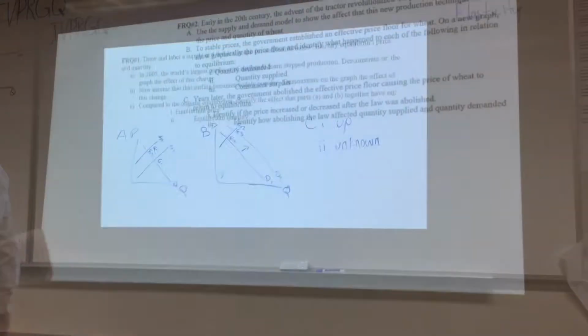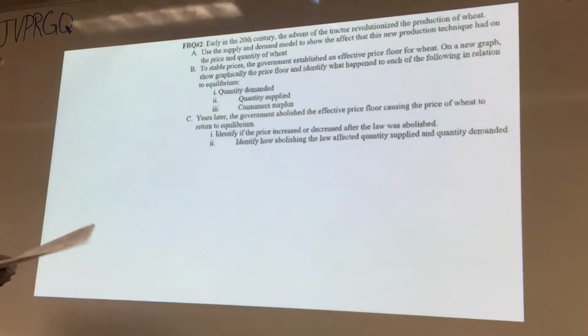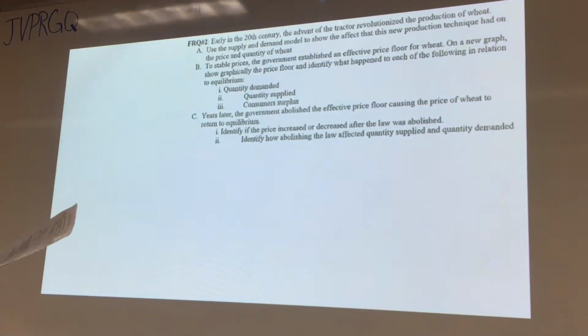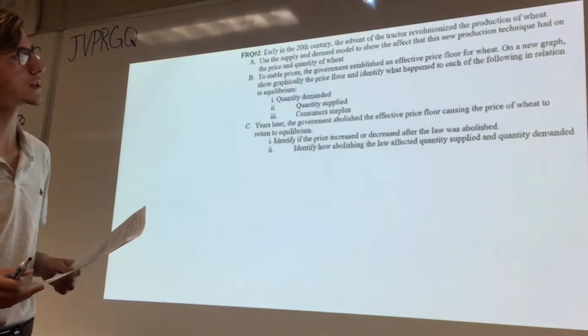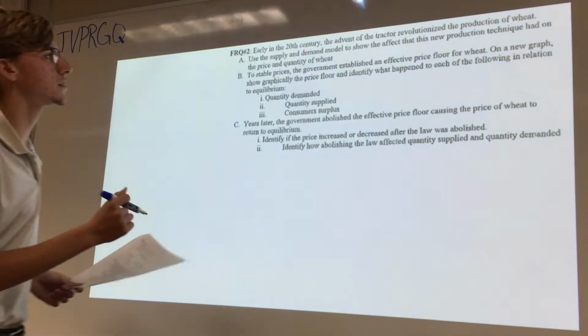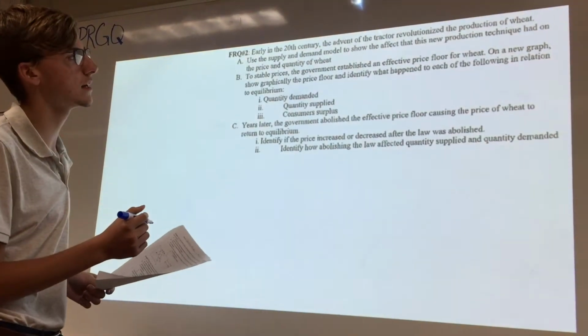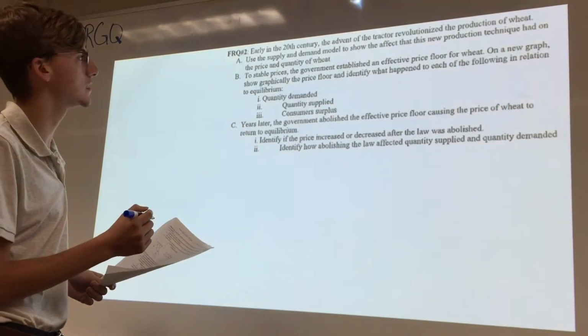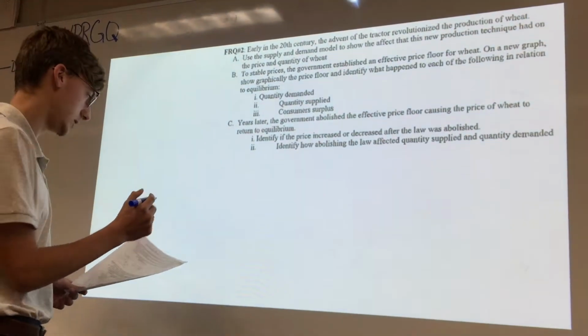So it says early in the 20th century, the advent of the tractor revolutionized the production of wheat. Use the supply and demand model to show the effect that this new production technique had on the price and quantity of wheat.